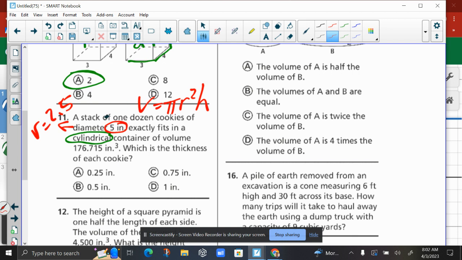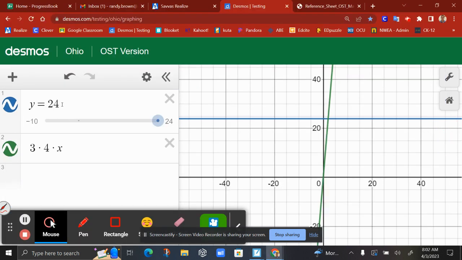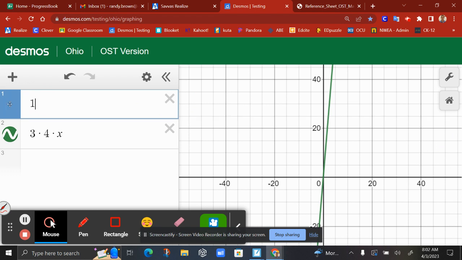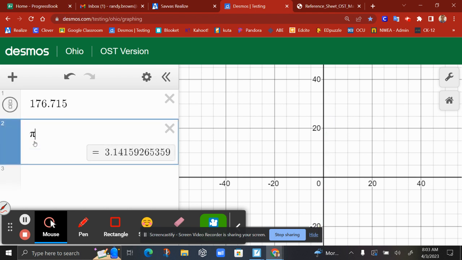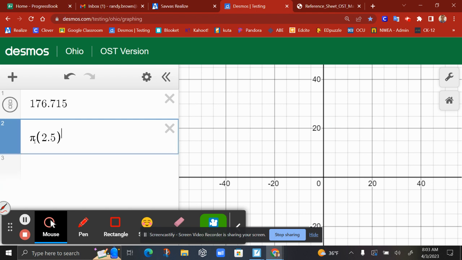So now we plug in. B is going to be your 176.715. And then we have pi times our radius, we said was half of 5, and then times our height, which is what we're trying to figure out.